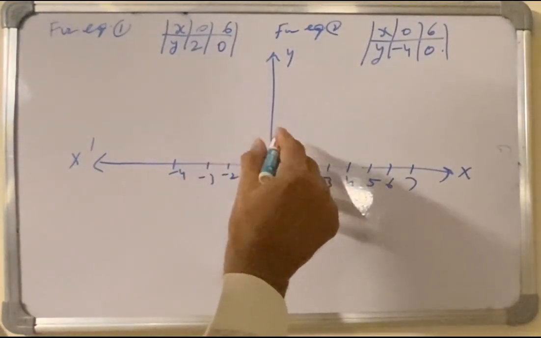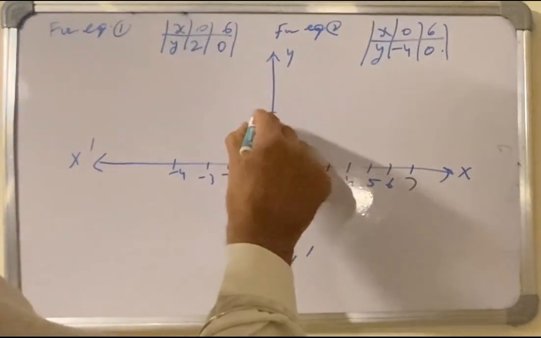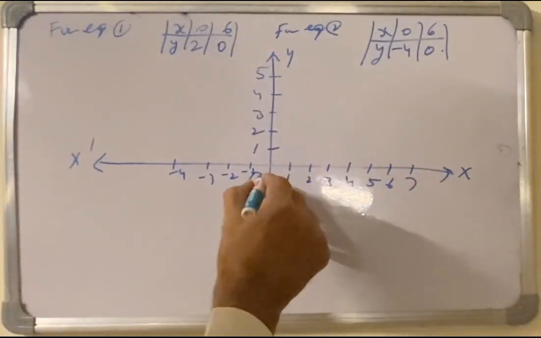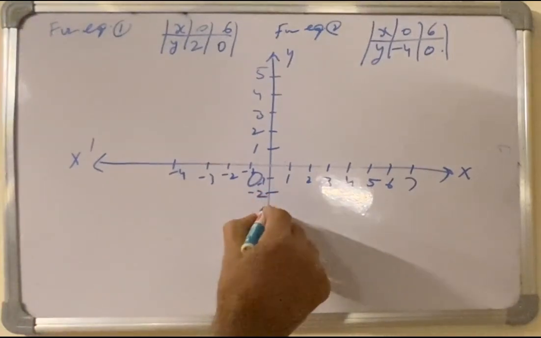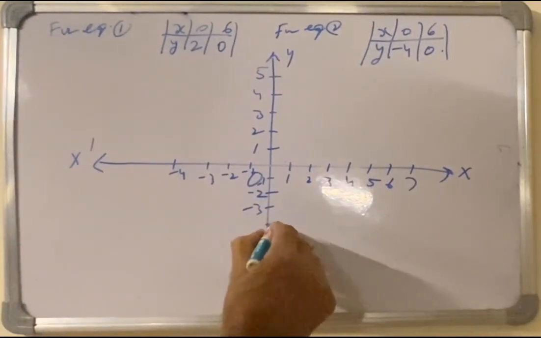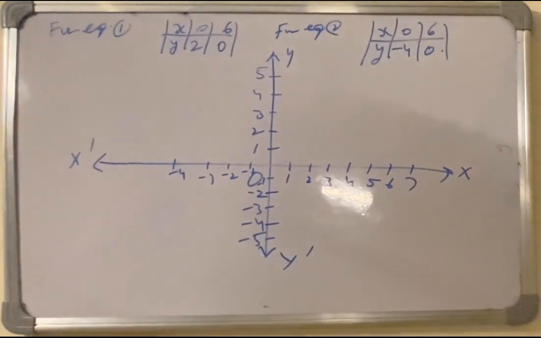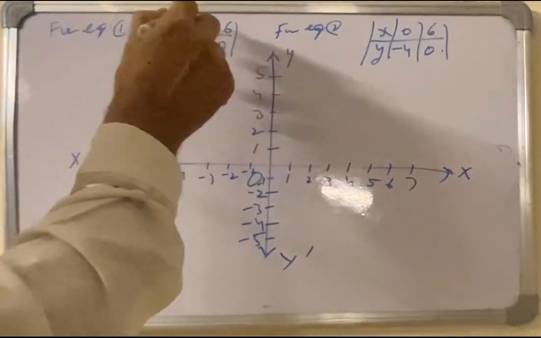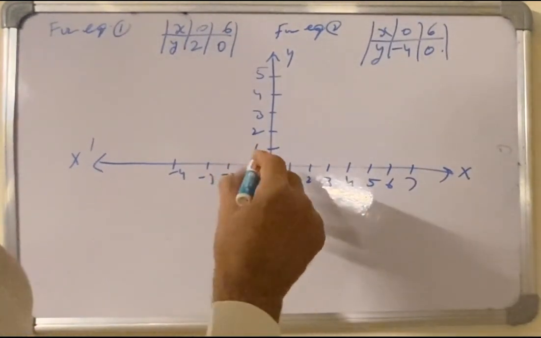Then on this side, 1, 2, 3, 4, 5. Similarly, -1, -2, -3, -4, -5.